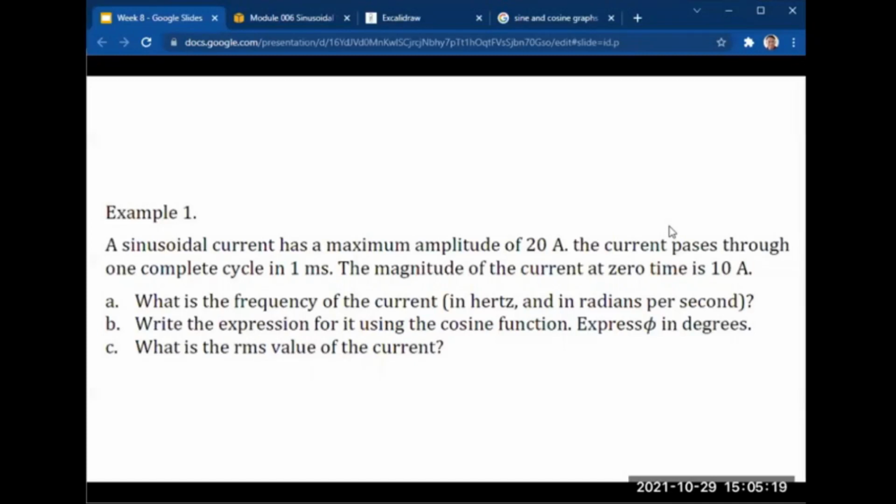Of course, the formula applies also for the current, so it will be the same. Instantaneous current is equal to maximum current times cosine of omega t plus phi. Given maximum amplitude, Im is 20 amperes.